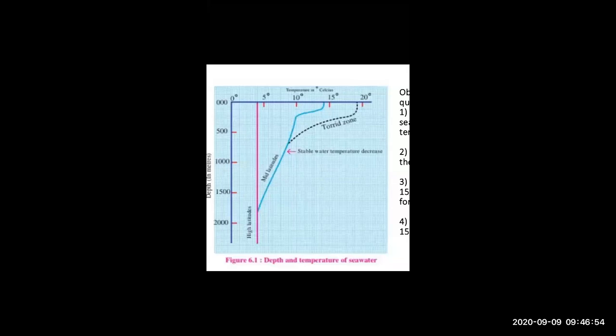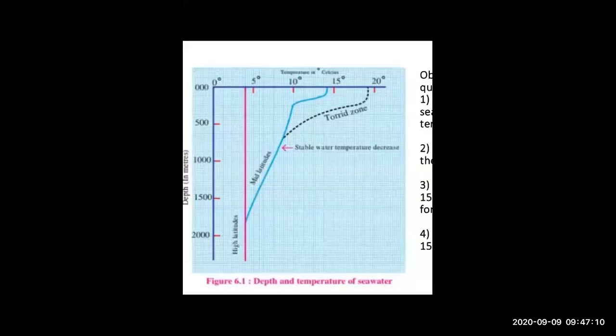If we are talking about the cold ocean current flow, the surface temperature of ocean water is low. And in the region where the warm current moves, the temperature is increased. Again, I am showing you here.